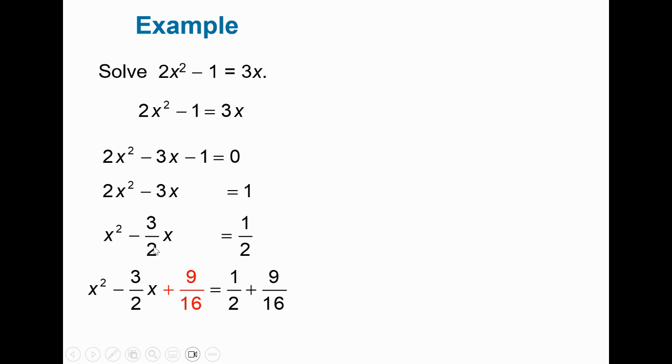When I square negative 3 halves, I get 9 fourths. Half of negative 3 halves here is negative 3 fourths. Squaring negative 3 fourths gives me 9 sixteenths.